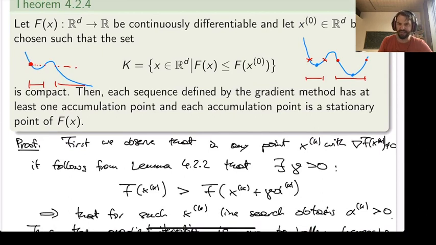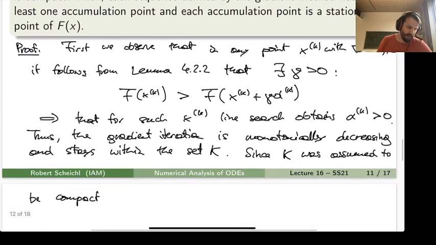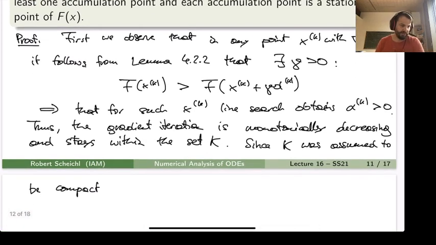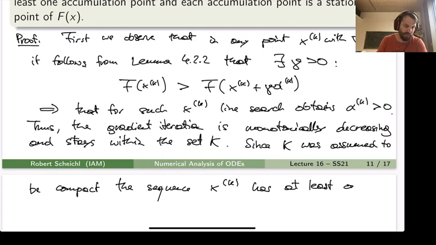So it stays in this set K because the value of f is strictly decreased, and because the set K was assumed to be compact, the sequence xk has to have at least one accumulation point x star.